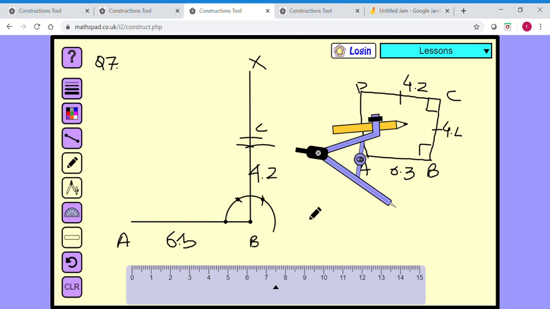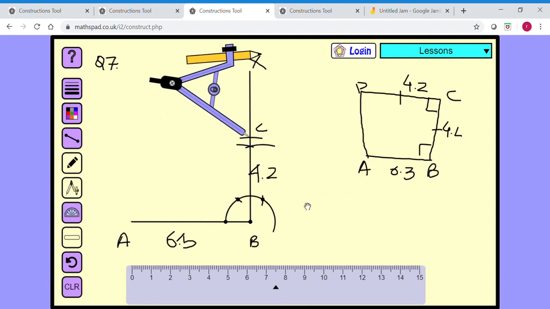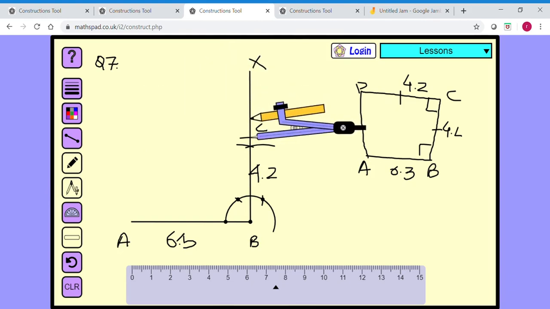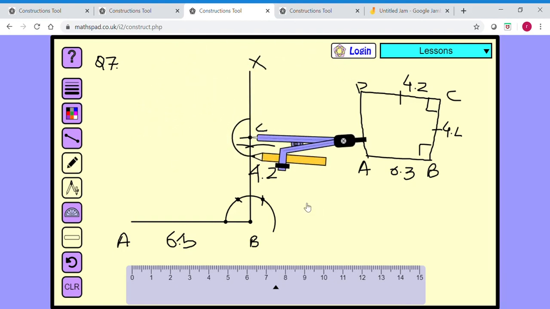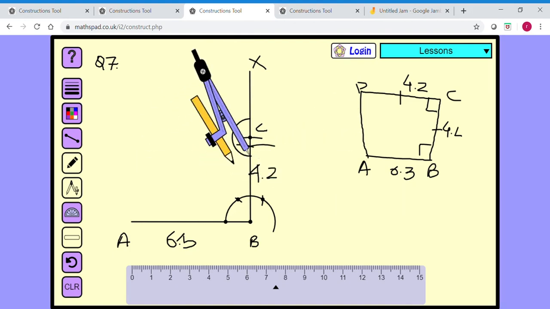Next step, I need to make an angle of 90 degrees at C. So again, let me make a semicircle, span of my choice, and then cut the semicircle to make 60 degrees and 120 degrees.